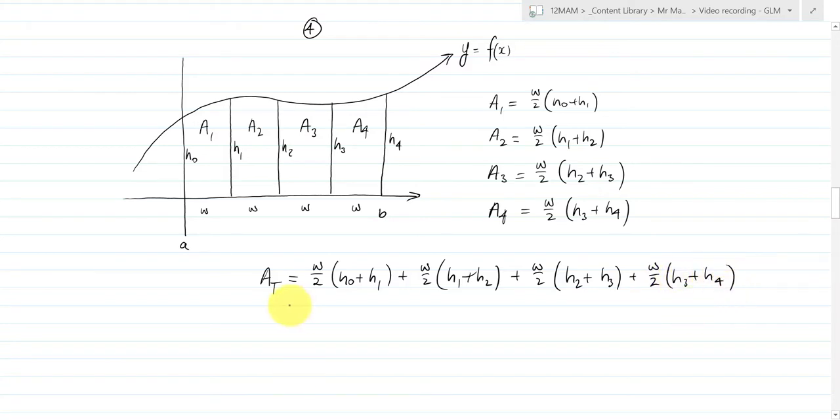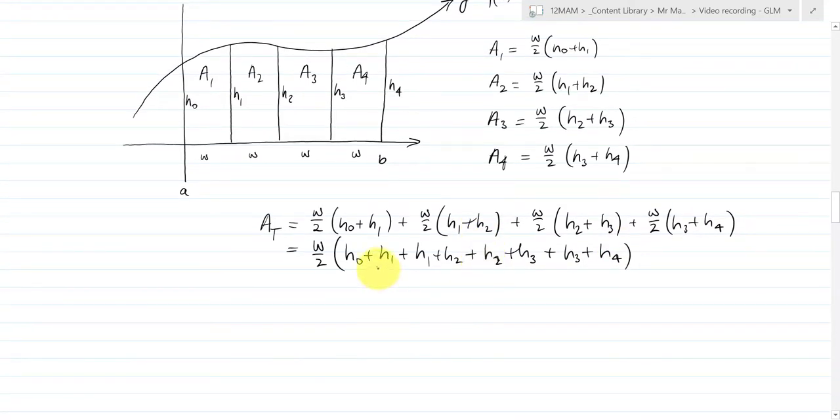And I've got a common factor of w over 2, so I'll take that at the front. I'm left with (h0 plus h1) plus (h1 plus h2) plus (h2 plus h3) plus (h3 plus h4). And close that bracket. And now I can see I've got some common elements here, here, and here.